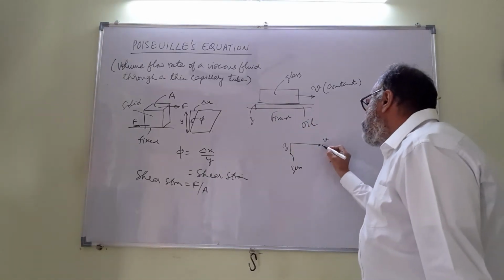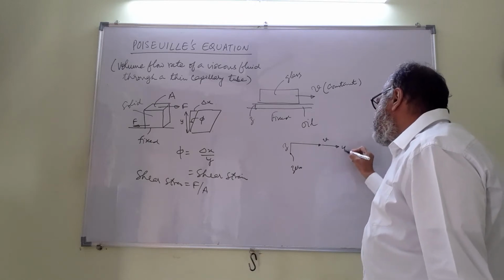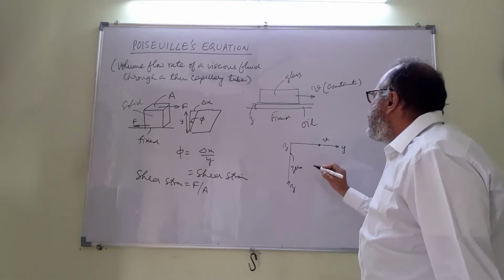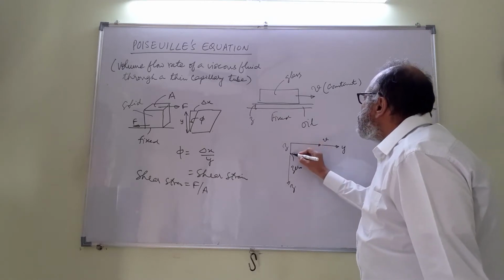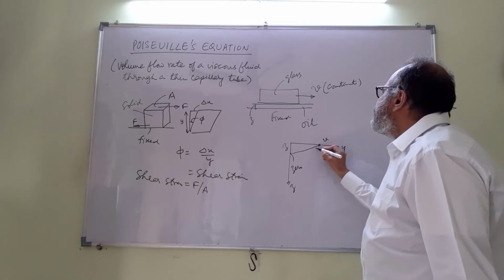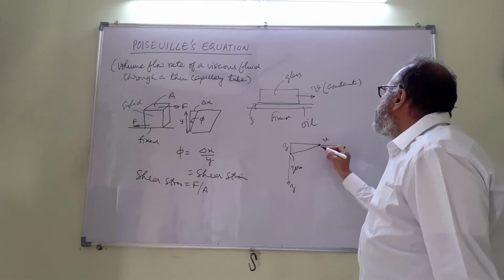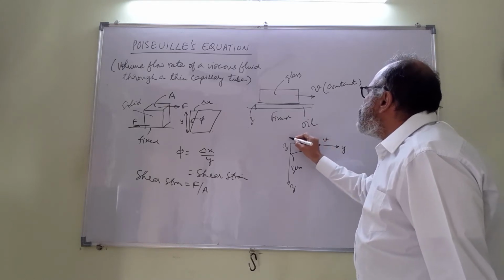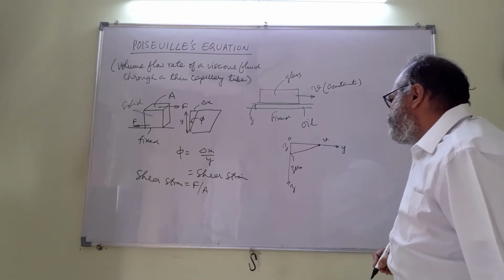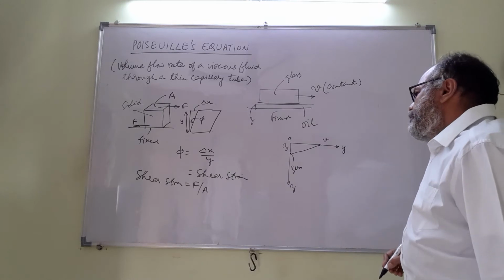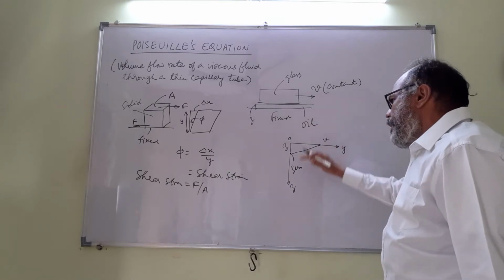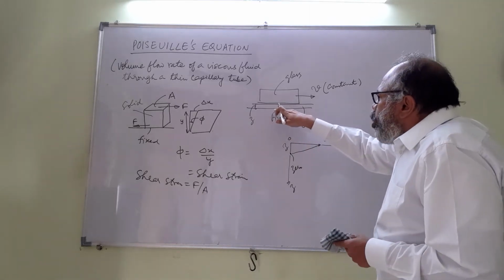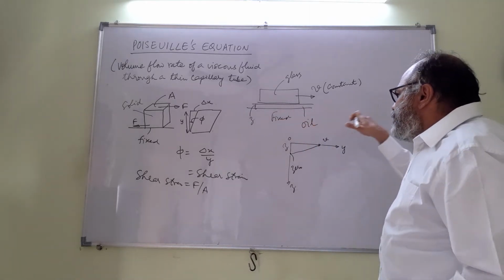If you choose one axis as y and another as z, the velocity would vary like this from v to 0, with the bottom chosen as the origin. This is how the liquid gets sheared.